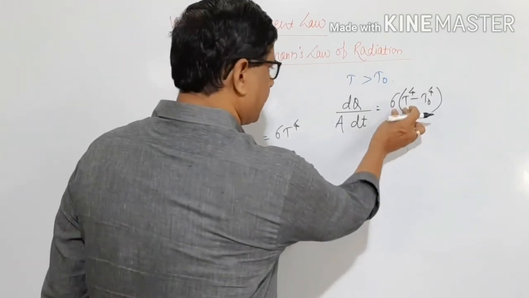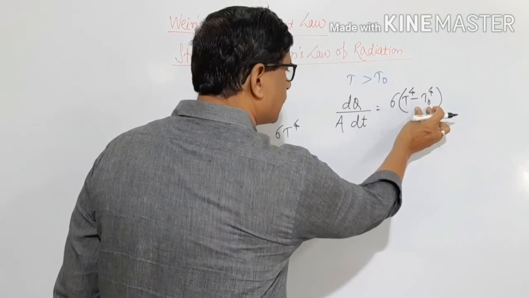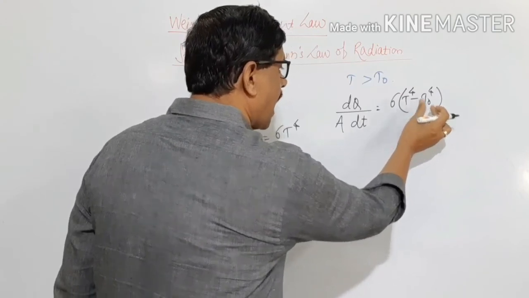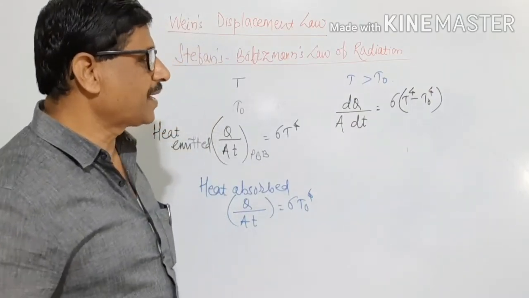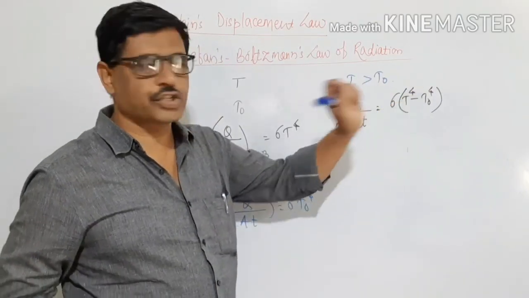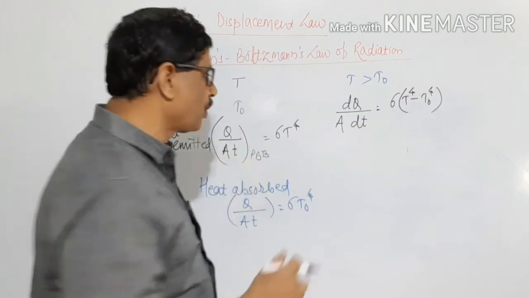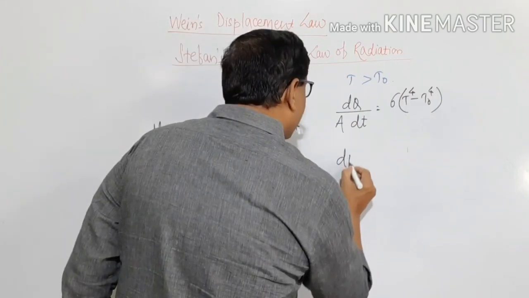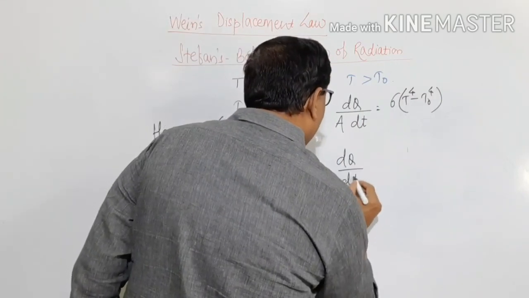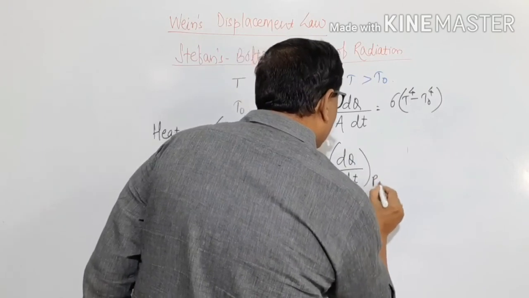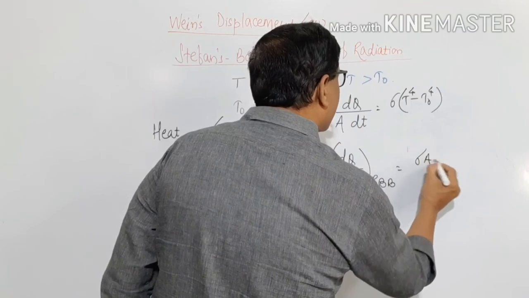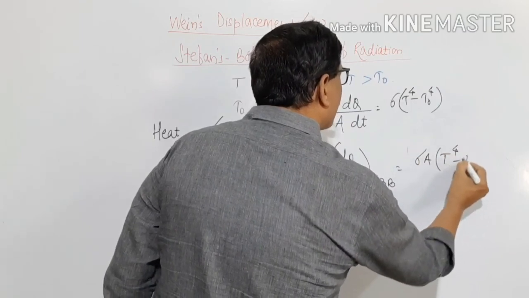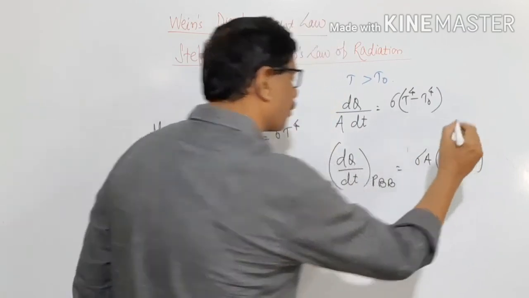This is heat emitted and this is heat absorbed. Heat emitted minus heat absorbed, that is sigma T to the power of 4 minus sigma T0 to the power of 4, and therefore the rate of loss of heat by a perfectly black body according to Stefan's law of radiation is sigma A in the bracket T to the power of 4 minus T0 to the power of 4.